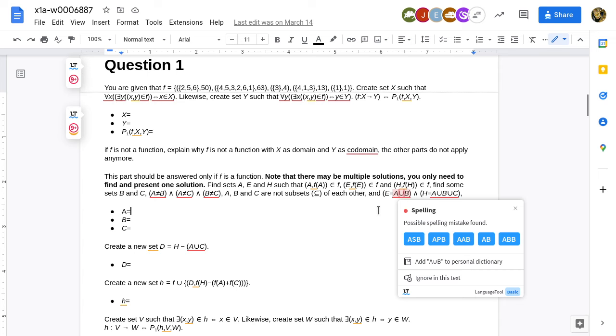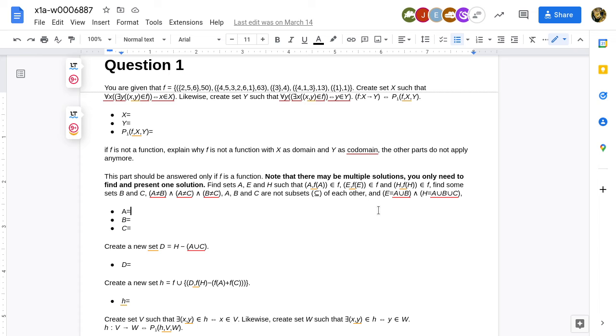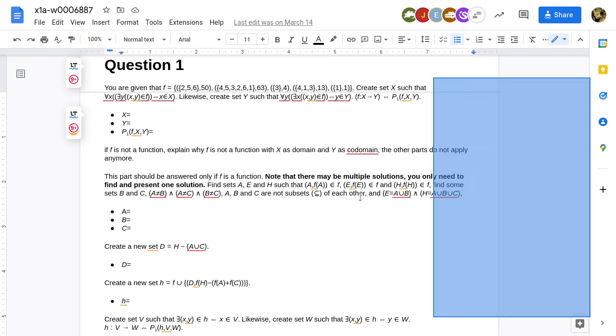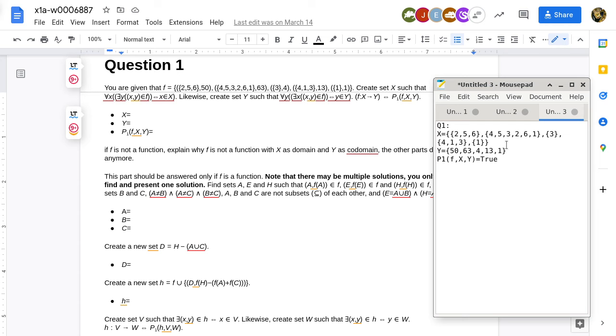First of all, can you identify A, E, and H? Let me get back to the editor. So can you identify A, which is a set, E, which is a superset of A, it contains some additional stuff, and can you also identify H, which is a superset of E, which means it contains even more additional items.